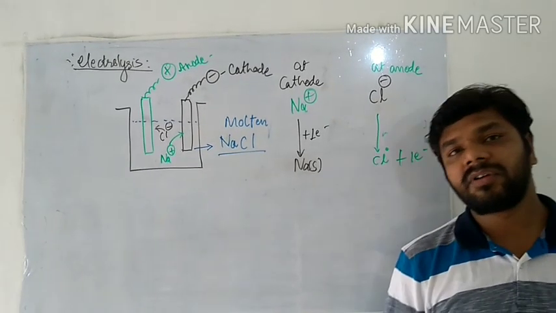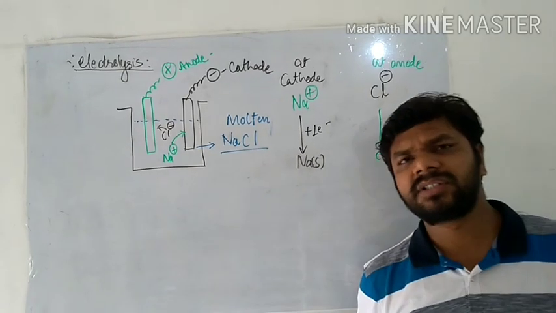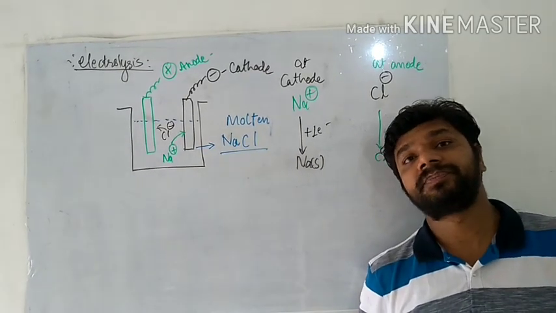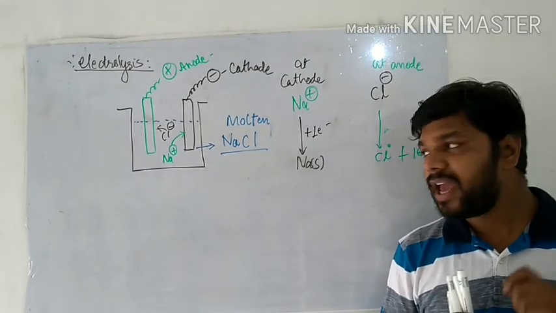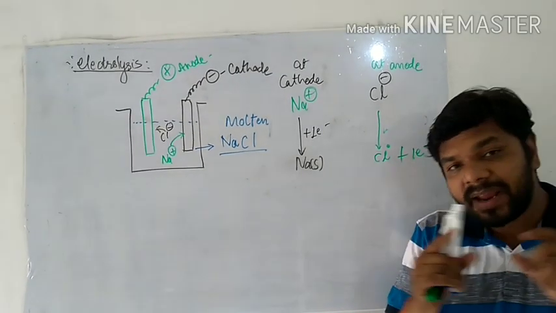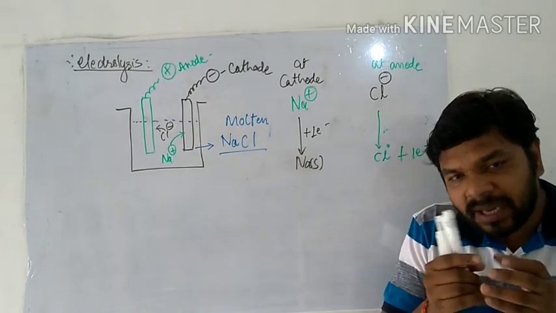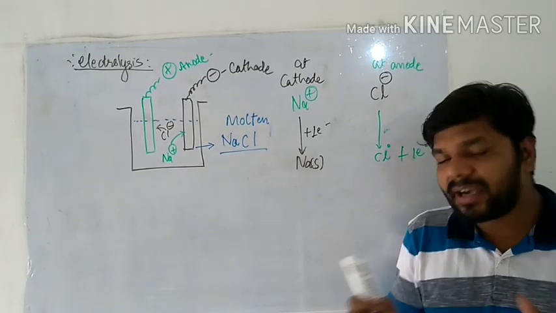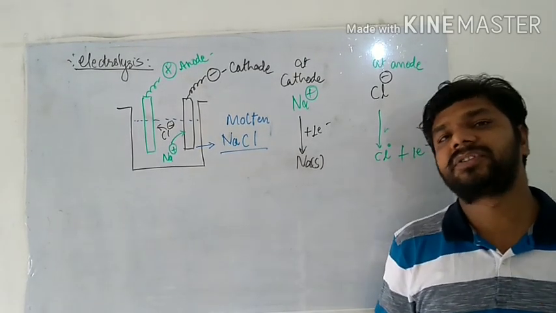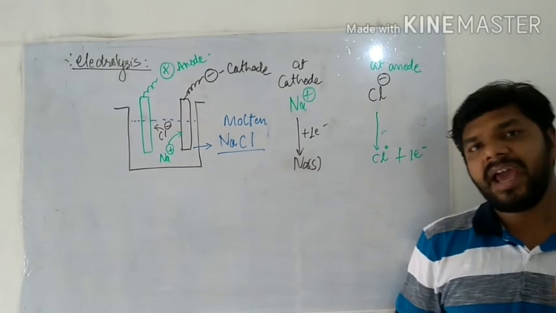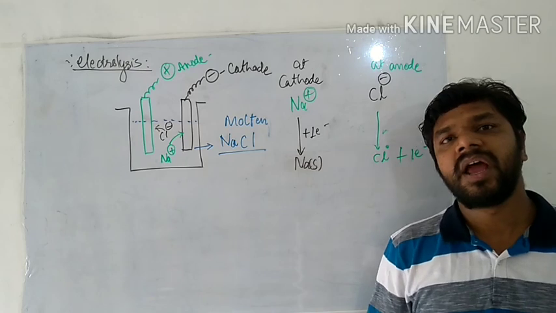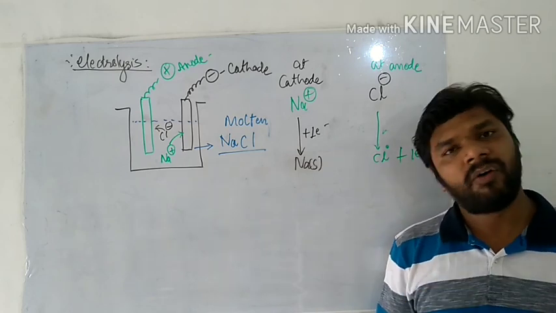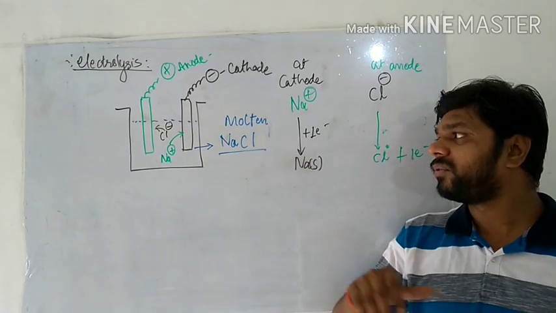But for any solution we cannot say that electrolysis is going on, because electro means electric and lysis means to break. If the electric current is breaking something into ions or separating the ions, then the process is called electrolysis. Electrolysis works on Faraday's laws, and there are two laws of Faraday that we are going to discuss.